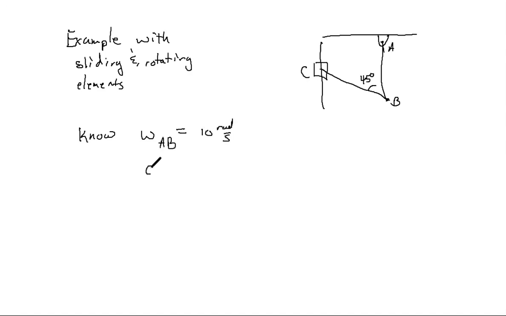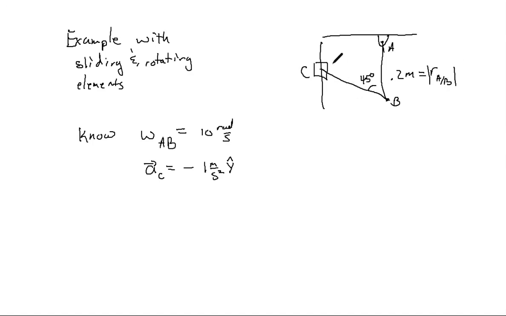We know the acceleration at point C is going to be negative 1 meter per second squared y hat. It's going to move only in the y direction, so that helps us a little bit. We also know lengths of things. We know that this length is 0.2 meters. That's the magnitude of it.